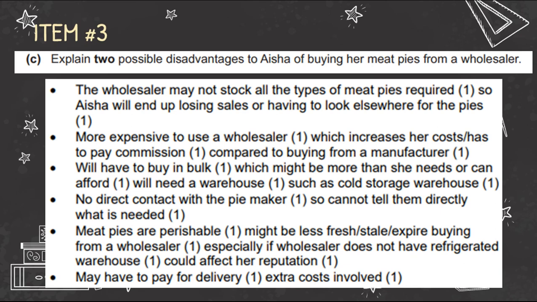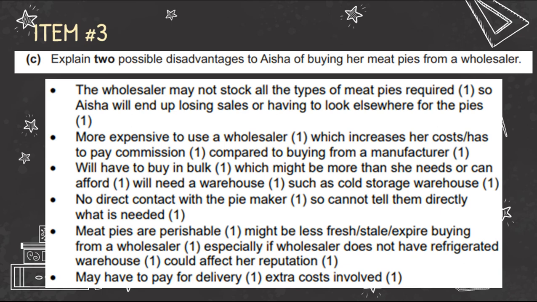It means there's a certain amount of time that you need to sell them. When we say perishable, it means it's liable to spoil or decay. Products which are perishable are fruits, vegetables, even eggs.